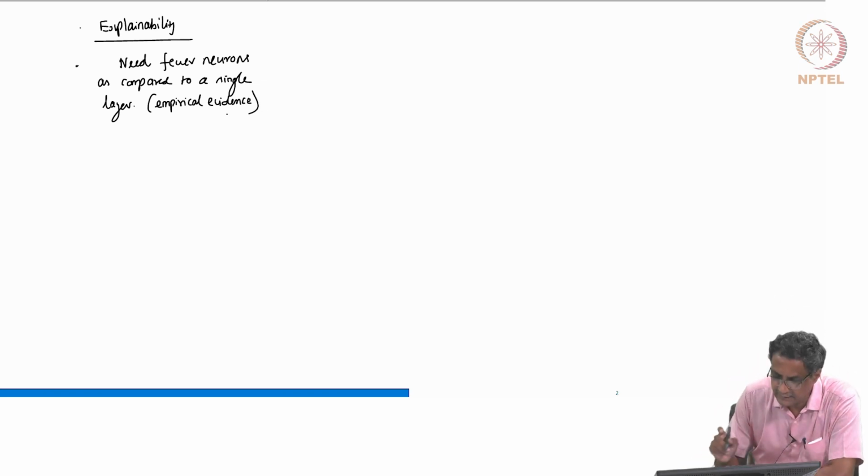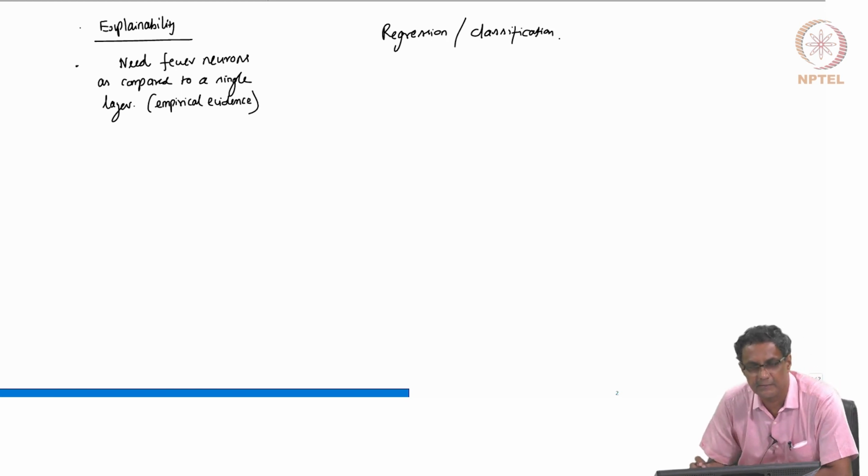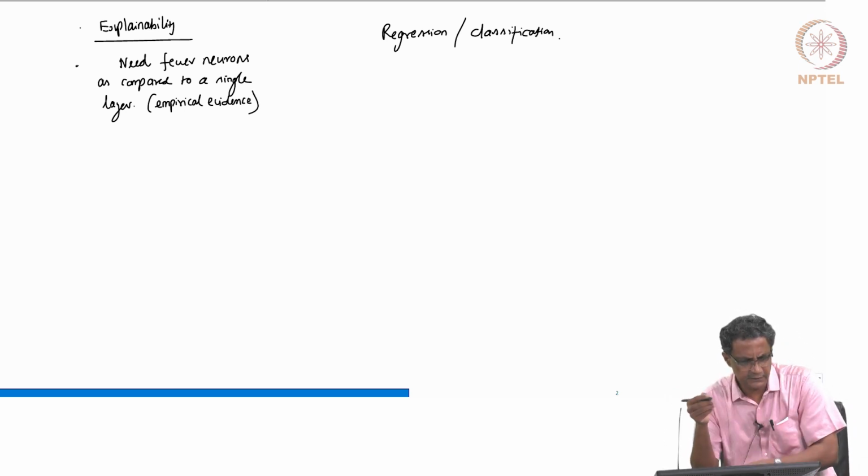Now, the two main tasks one looks at are what is called a regression task and what is called a classification task. The regression examples are many. It does not have to be just image based, even though this course is about images.